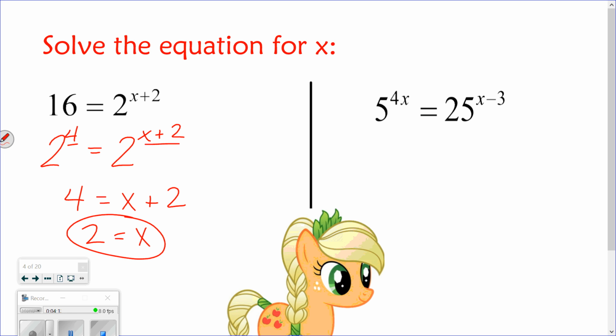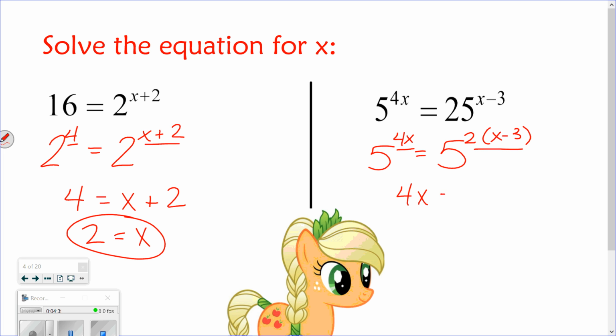Five to the 4x equals 25 to the x minus 3. Good. Change that 25 to 5 squared, and the squared just multiplies by the x minus 3. Since the bases are the same, now we can say these have to be the same.